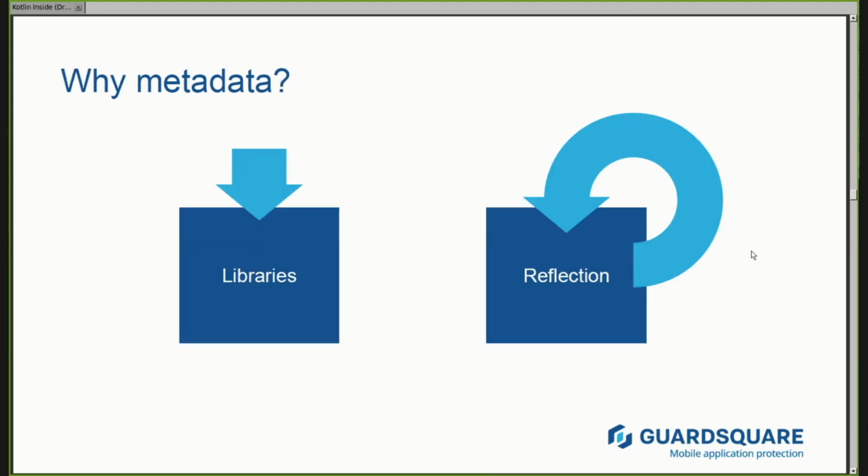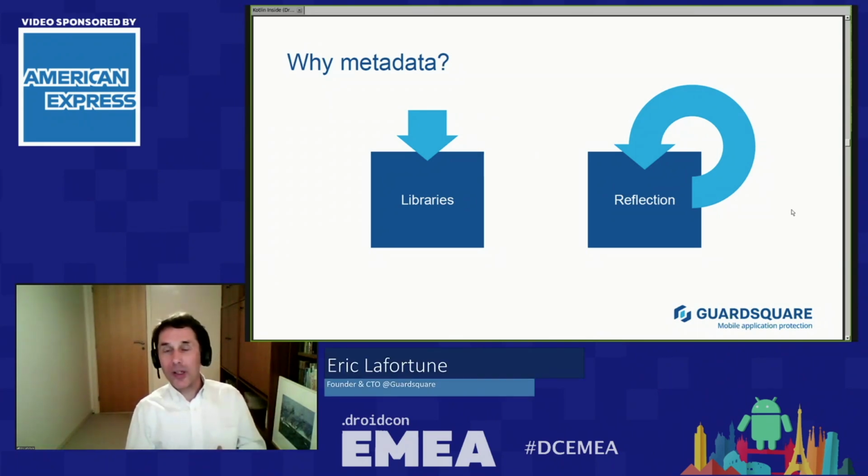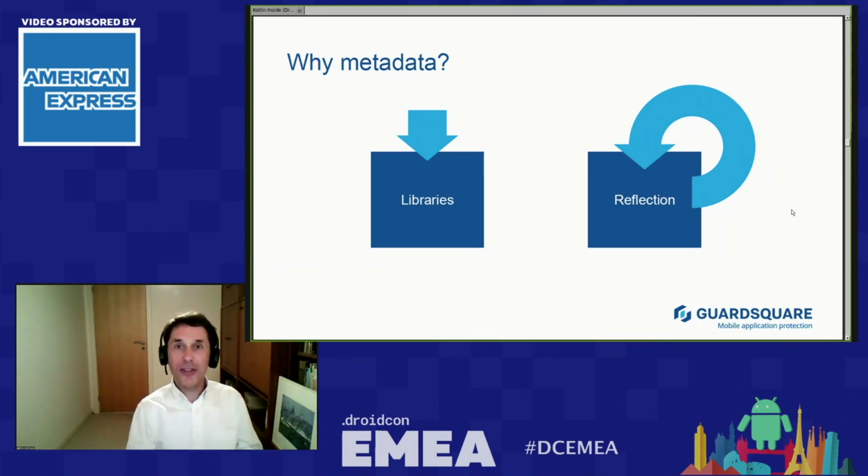So first of all, why would there be metadata? Since all of the code is already compiled to all of these utility classes and getters and setters and toString methods, and they just work. Well, there are two reasons, two typical use cases. The one is libraries, where you might be writing a Kotlin library, and that Kotlin library might be used by someone else who is also developing in Kotlin.